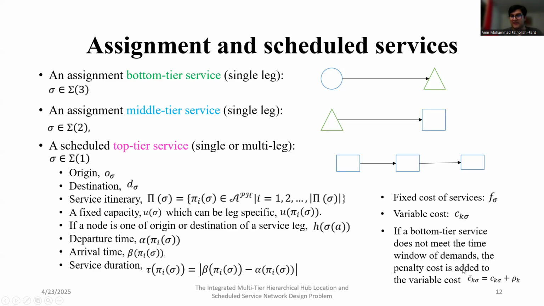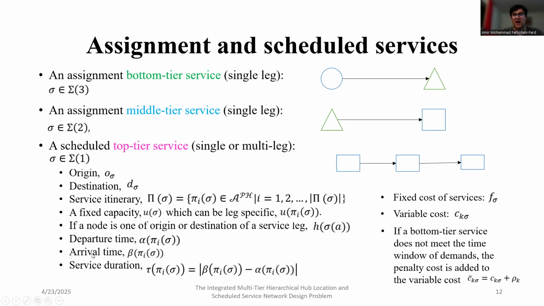To calculate this penalty cost, it has been defined by a comparison between the arrival and departure times of the service and the time window of the demands, where there is a release time, and also a time for its delivery, and there is a time window for its delivery.